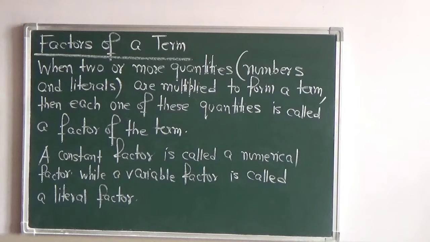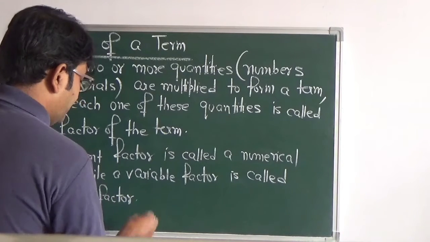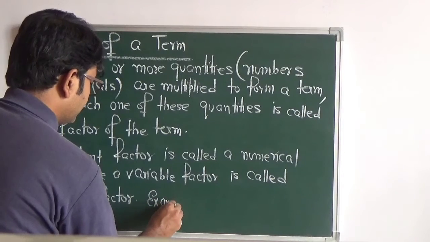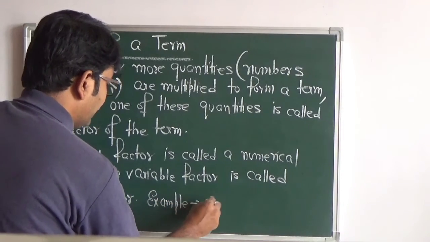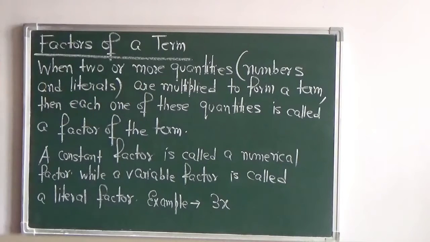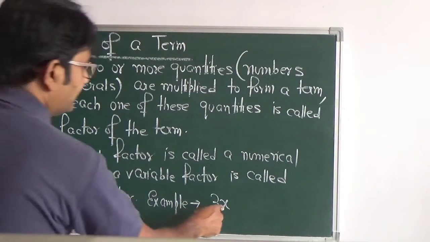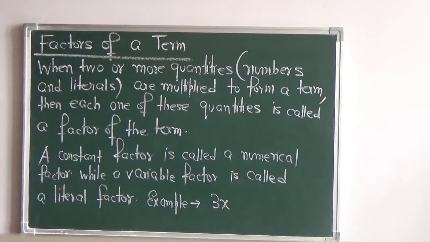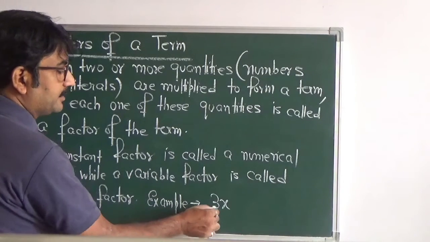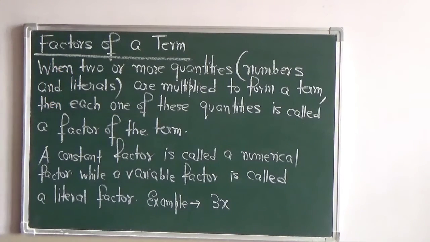When two or more quantities, which are numbers and letters, are multiplied to form a term, then each one of these quantities is called a factor of the term. So, if you take an example, like 3x. So 3x is a term which is the product of a constant 3 and the literal or the variable x. So the term is formed by multiplying a constant term 3 and the variable or the literal x. So the term is 3x.